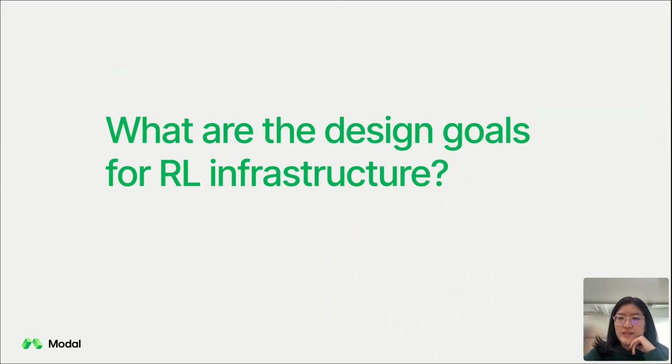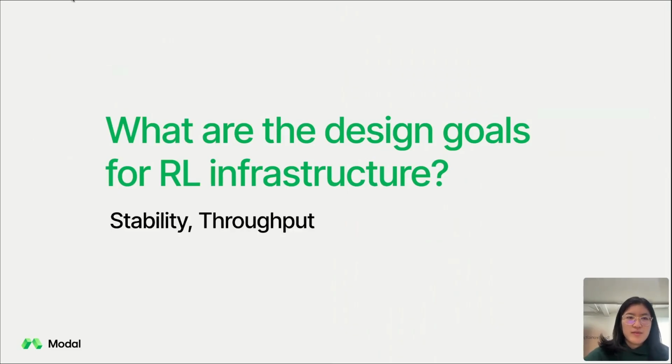All of these I think are very useful, but it kind of comes down to two main qualities that I think capture what most of you are saying. One is stability, and the second is throughput. When you're doing RL, you want your environment and in general the infrastructure that you're doing reinforcement learning on to be reliable and stable.